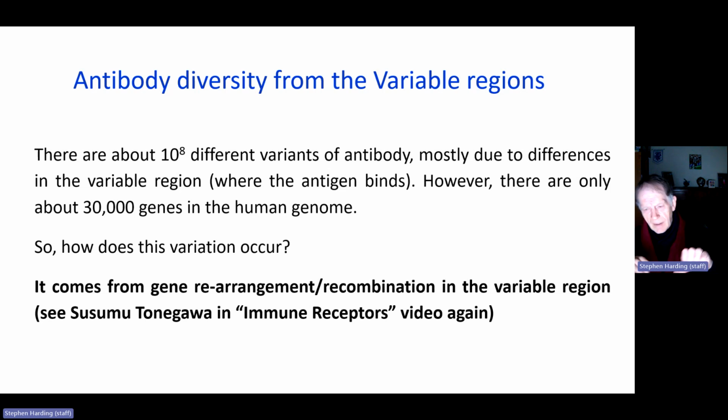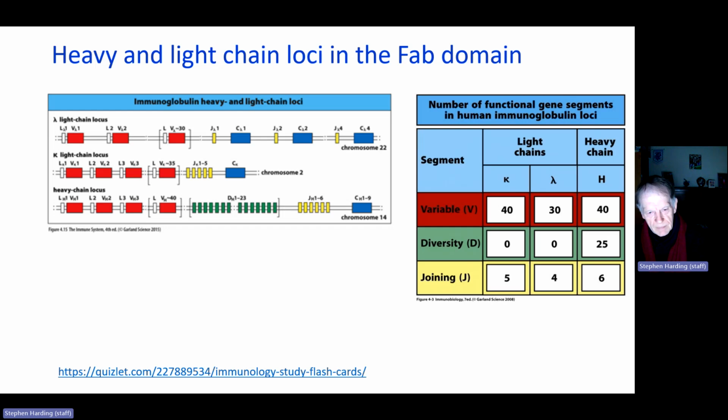And he showed that there were two genes, one coding for the constant domain and one coding for the variable domain. So these two dogmas had to be broken down before the biochemistry community accepted this, and now it's universally accepted. So look at that video again, but this is the essence of it.